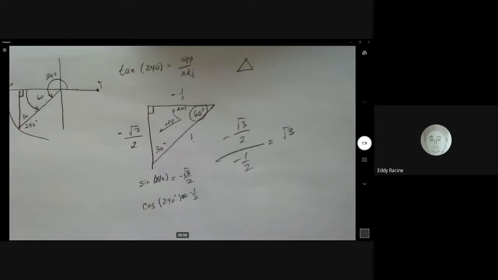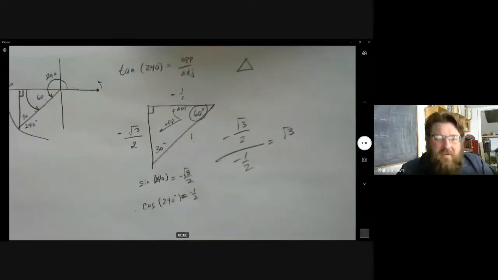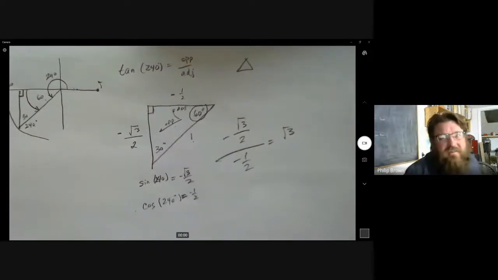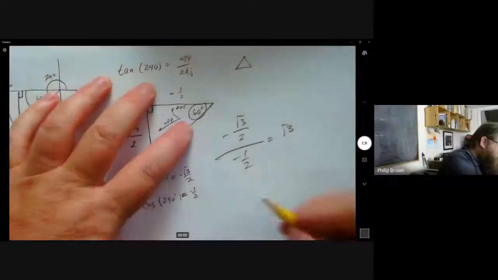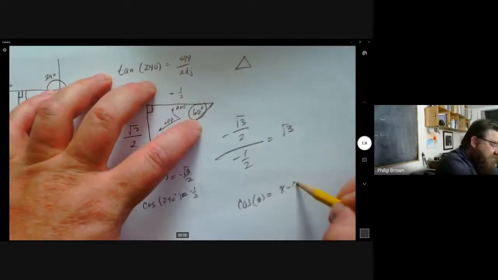Yeah, so cosine is x and sine is y. Cosine is x and sine is y. And that's also confusing because we always talk about sine first, and then we end up talking about cosine first on the unit circle. But yeah, okay. You're right. So cosine of an angle on the unit circle is the x-coordinate.